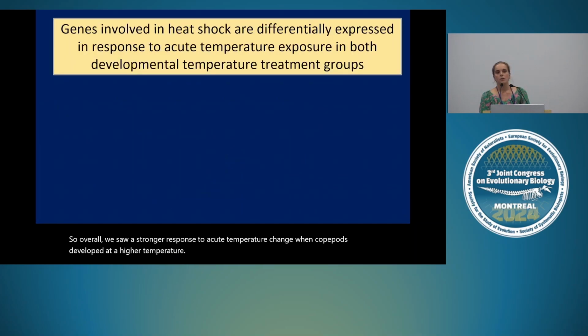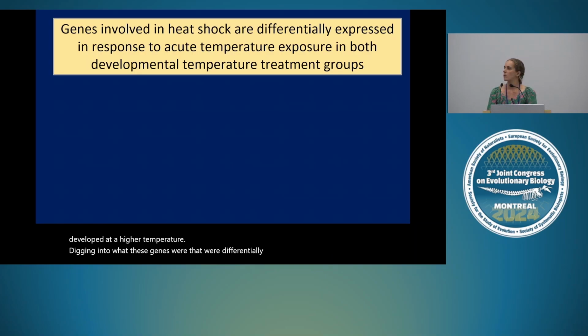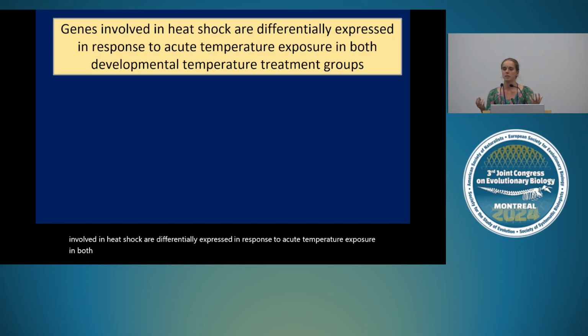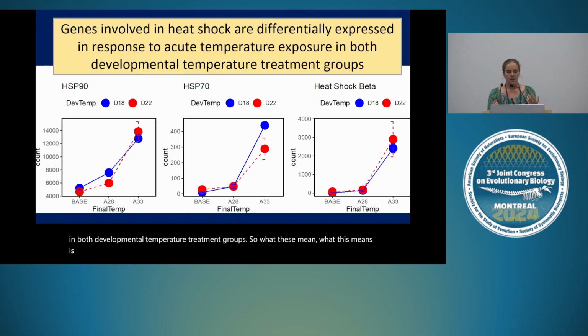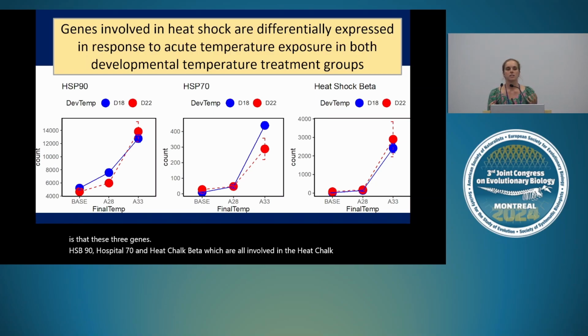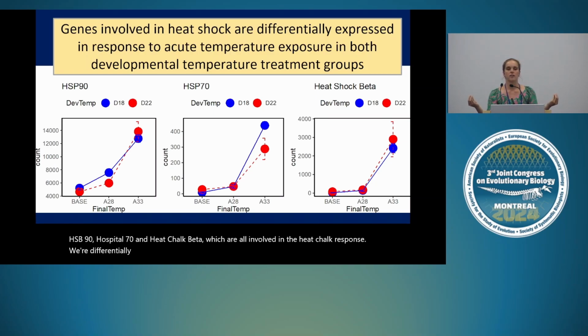And digging into what these genes were that were differentially expressed, we see that genes involved in heat shock are differentially expressed in response to acute temperature exposure in both developmental temperature treatment groups. So what this means is that these three genes, HSP90, HSP70, and heat shock beta, which are all involved in the heat shock response, were differentially expressed in both of our developmental treatment lines.